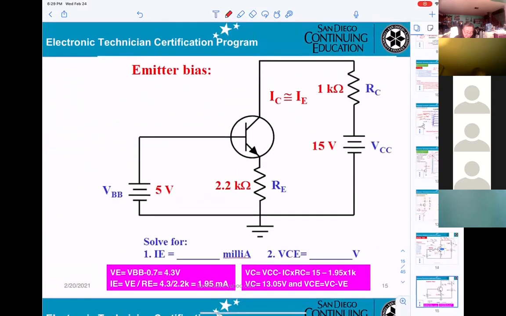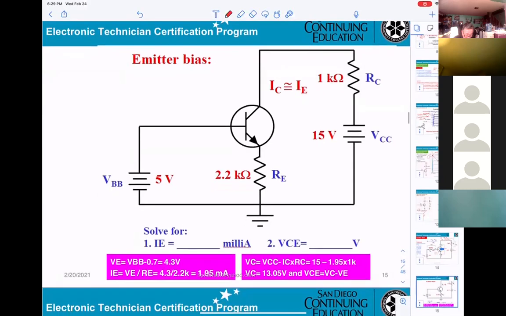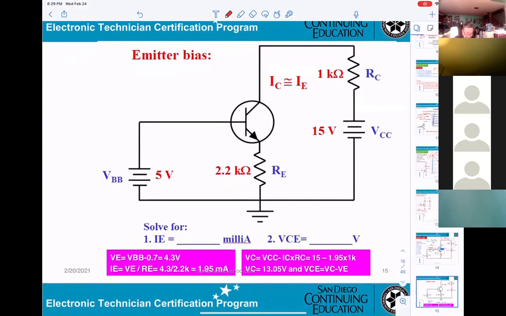Now, emitter bias. For this circuitry here, they want to calculate the IE, and I already calculated it for you right here. VE means right here; VC right here will be VC, and right here will be VB.